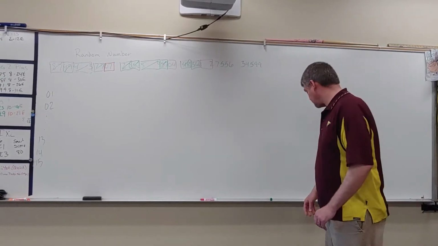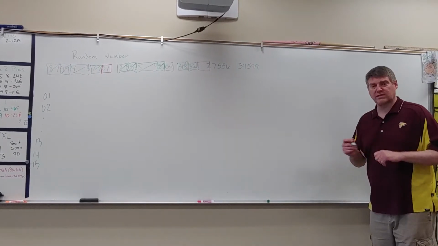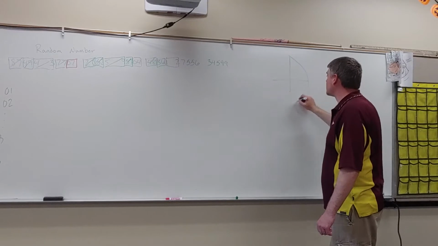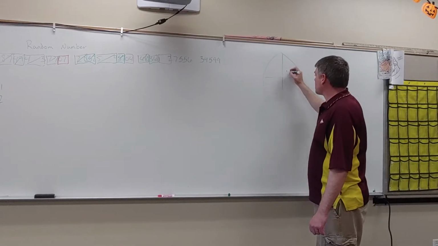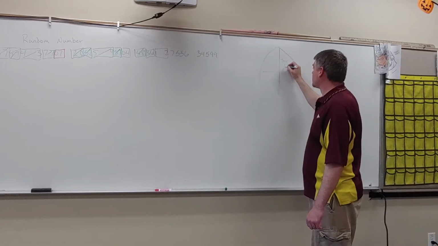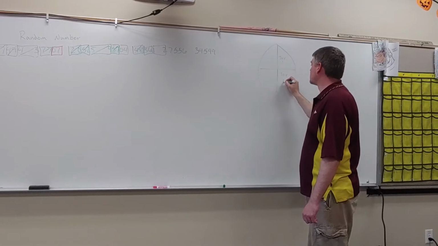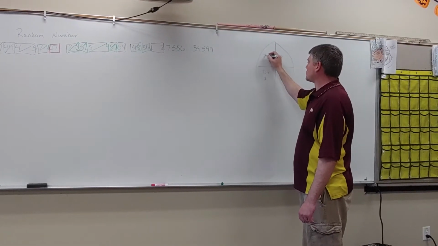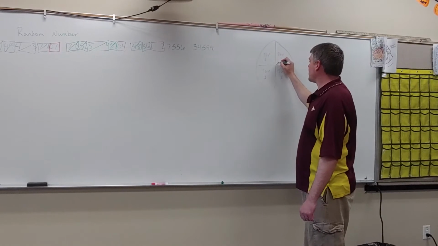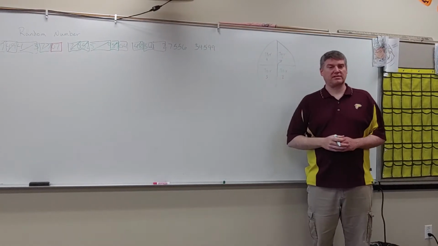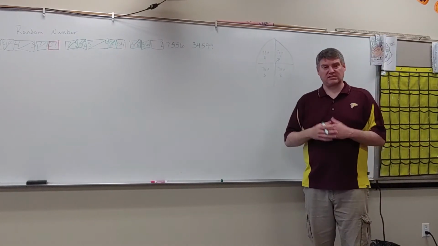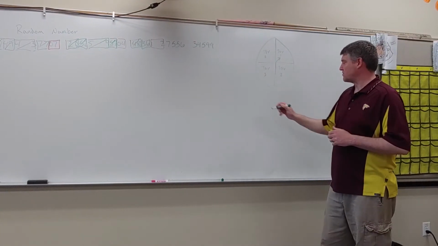So on this one, what we're going to do is set up a spinner. So we might have this spinner here, and we might have toy 1, toy 2, toy 3, and toy 4. And we have this spinner here, and we're going to spin it. Now, we're not physically going to spin it. We're going to just say that we've spun it.